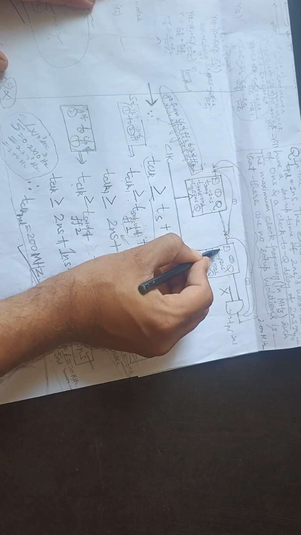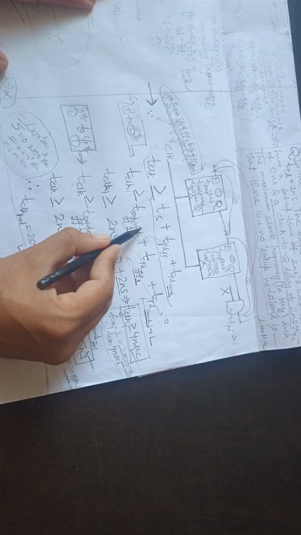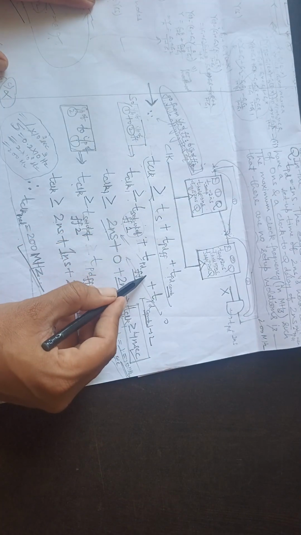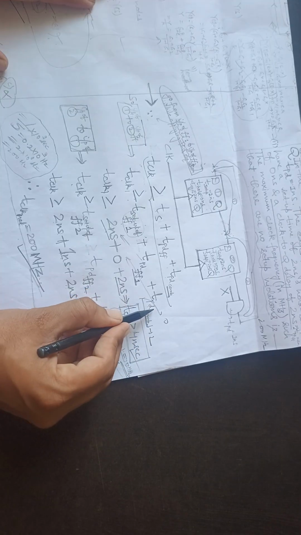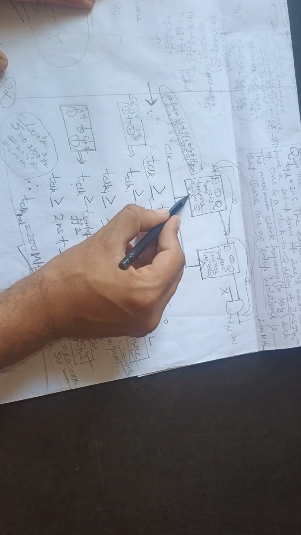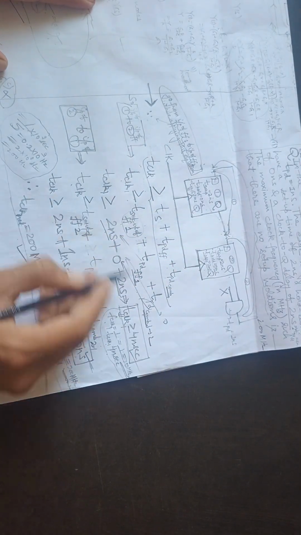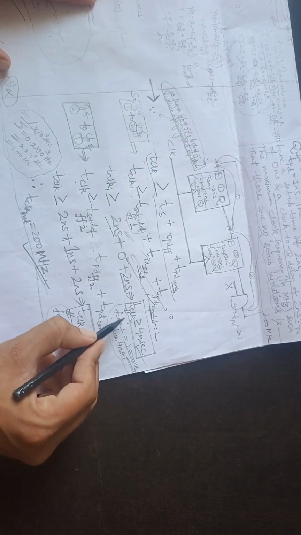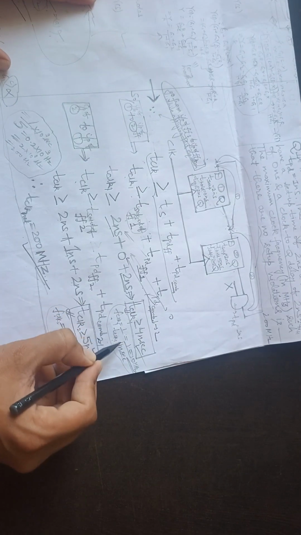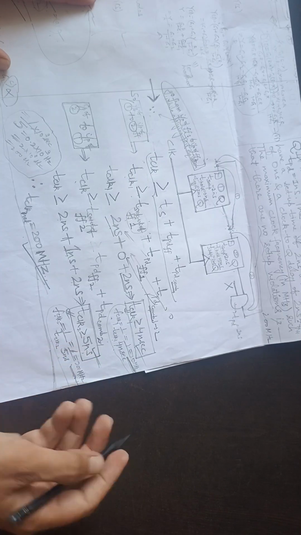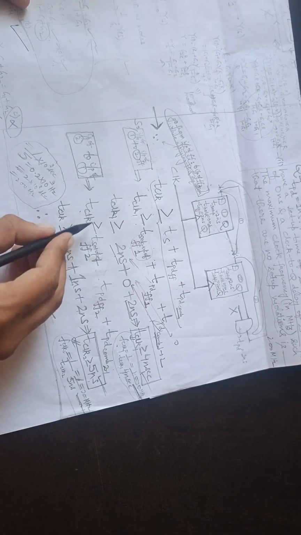So T clock 1 should be greater than 2 nanoseconds, plus the propagation delay of flip-flop 1, which is 2 nanoseconds, with no combinational delay. So T clock 1 should be greater than 4 nanoseconds. In case 1, F clock 1, which is 1 upon T clock 1, is equal to 250 megahertz.